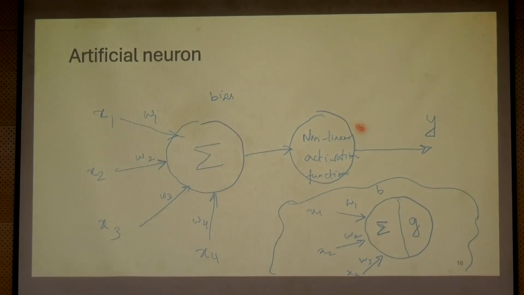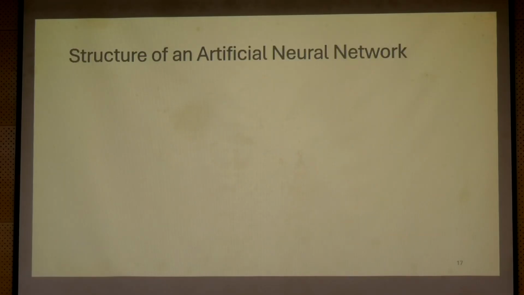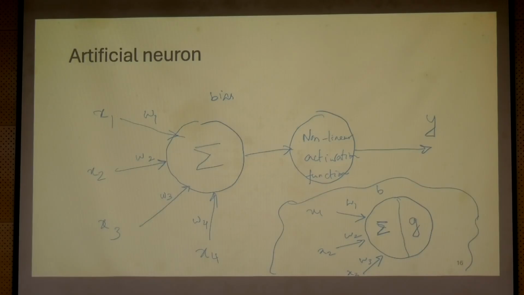The moment you add a nonlinear activation function, you are going out of linear mode and you can get different types of models. The most fundamental single neuron based model, which is widely used around the world for binary classification, is called logistic regression. And logistic regression uses the single neuron structure.